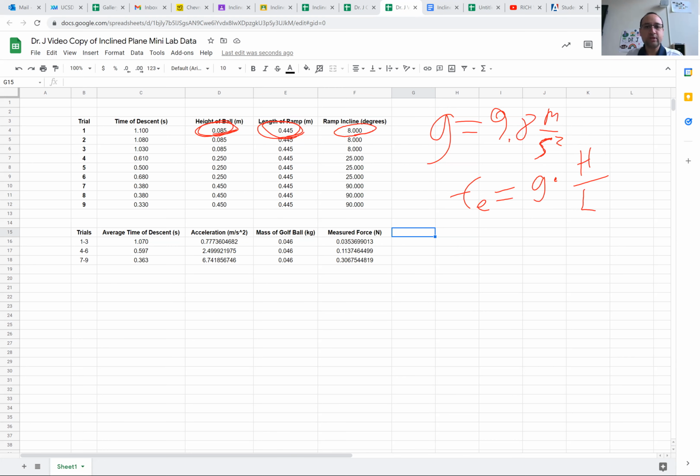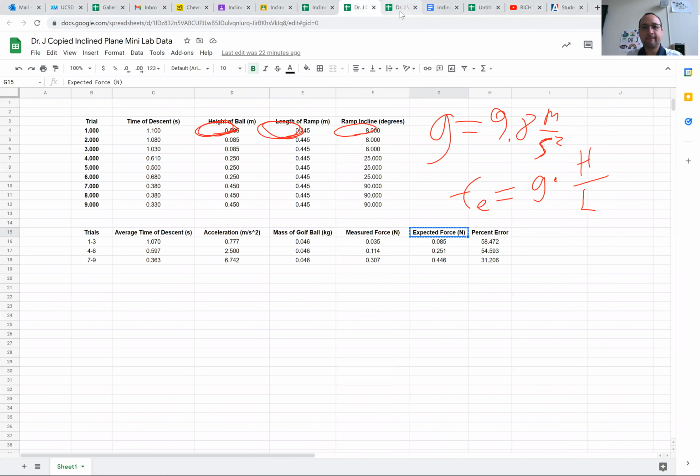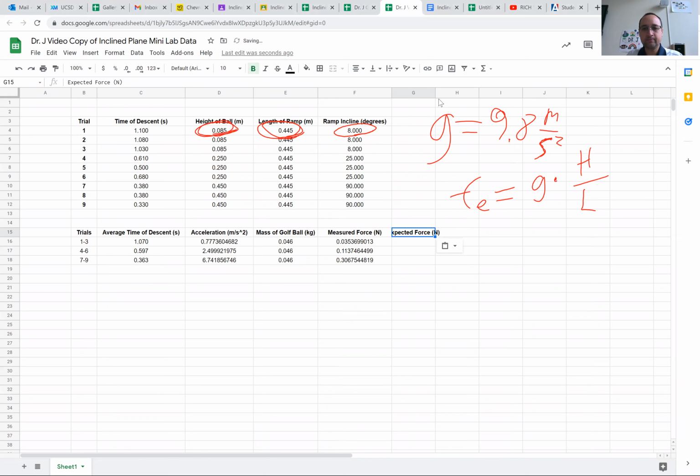So what I do is I copy that little expected force, Control C, Control V. And what I type is equals 9.8 times, oh, and I have to multiply by mass too, sorry. So also times the mass as well.